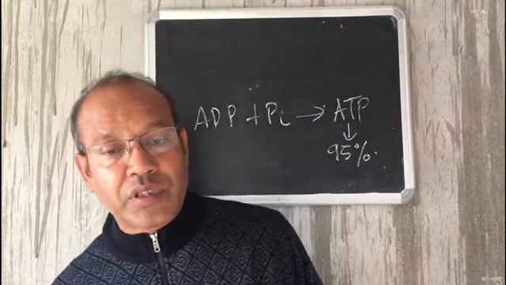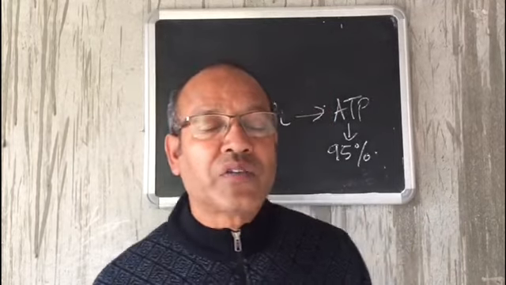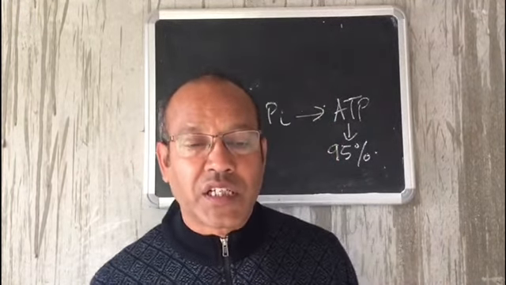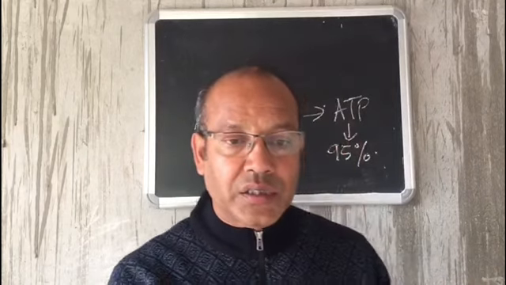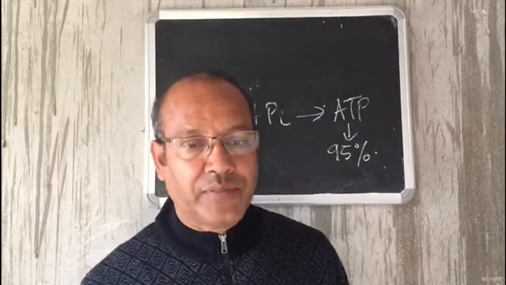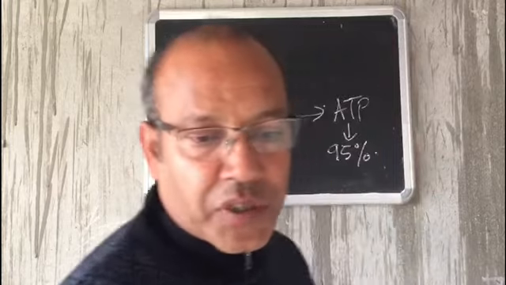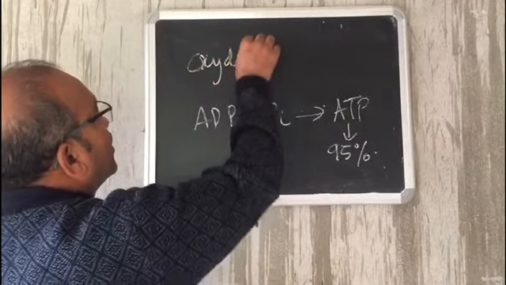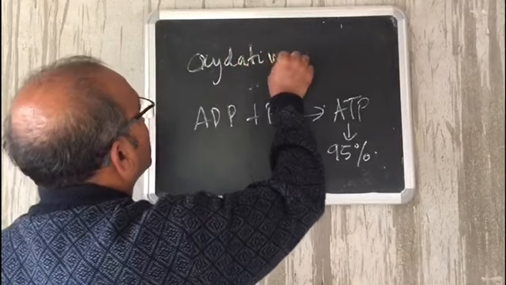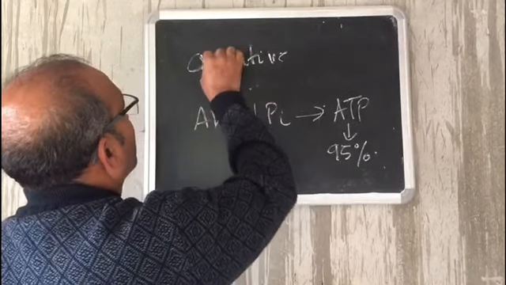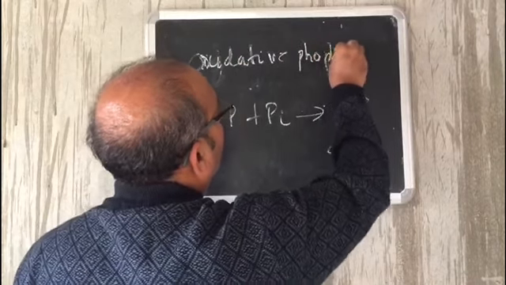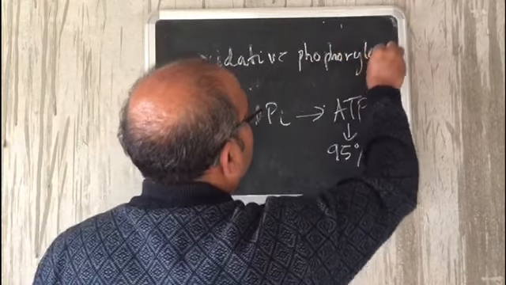That is why mitochondria is known as the powerhouse of the cell. The 95% of the energy supply of the cell is produced by mitochondria, because mitochondria is responsible for oxidative phosphorylation.